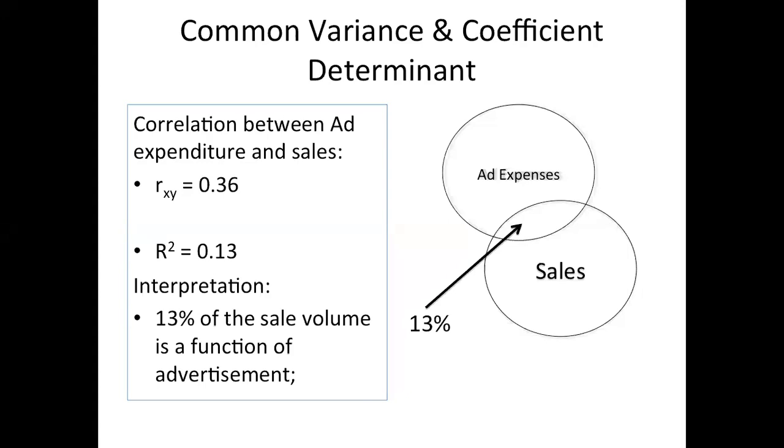The interpretation of the R square coefficient of determination is that 13% of the sales volume is a function of advertisement. So that is the interpretation of the correlation coefficient and the coefficient of determination.